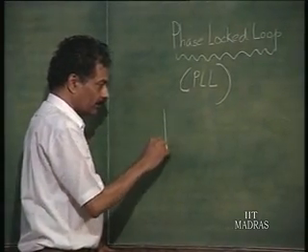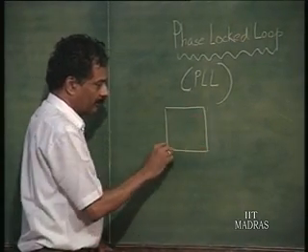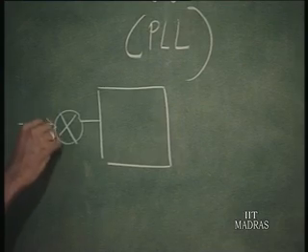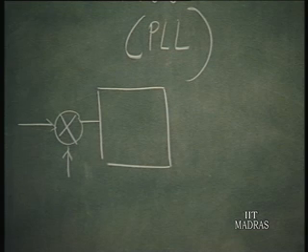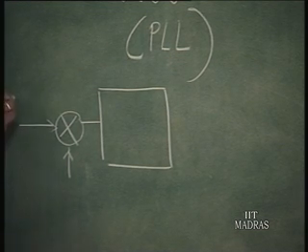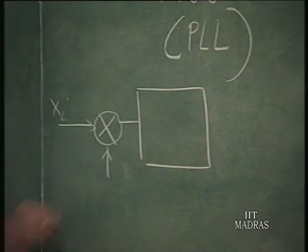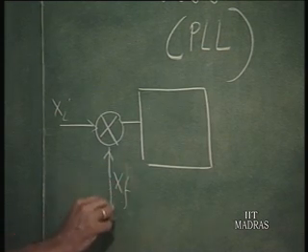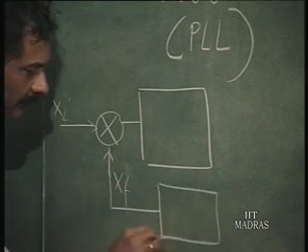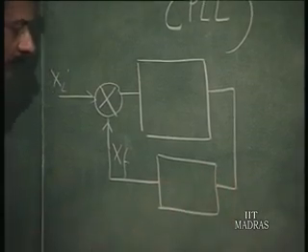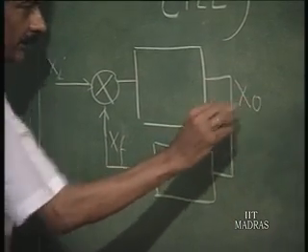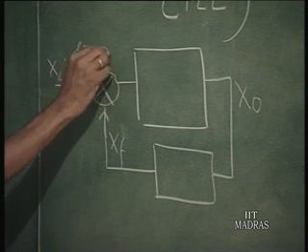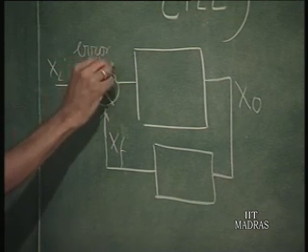Before we go to the phase lock loop, I would like you to understand the basic principle of negative feedback as taught to you in control systems. If Xi is the input and Xf is the feedback signal coming from the output, which is Xo, this is called the error detector in control systems.